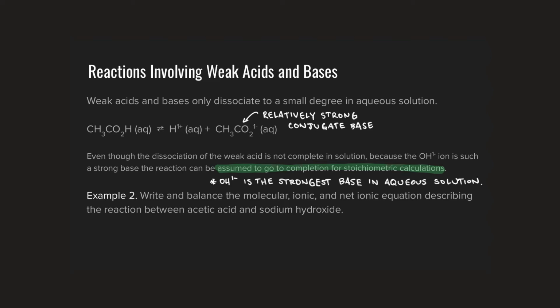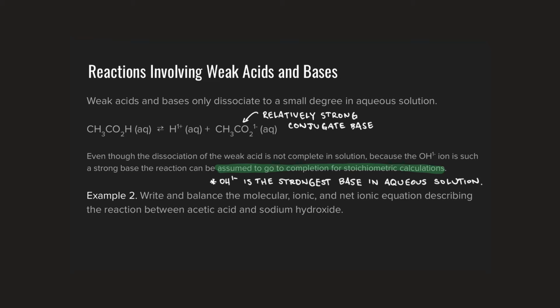In fact, it is the strongest base that can exist within an aqueous solution. And as such, it's got a super affinity for holding onto those hydrogen ions. It is much stronger of a base than the acetate anion. And so if we mix together acetic acid and sodium hydroxide, we're not going to write that as an equilibrium. We're still going to assume that reaction goes to completion due to the very strong nature of the hydroxide anion as a base.